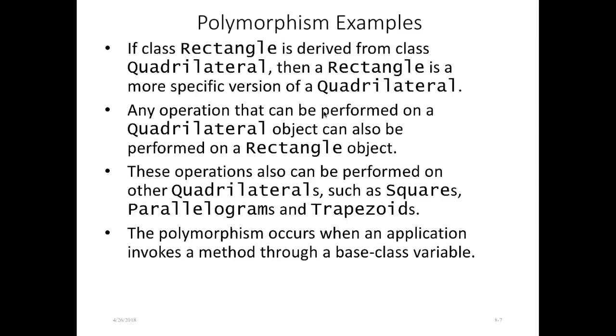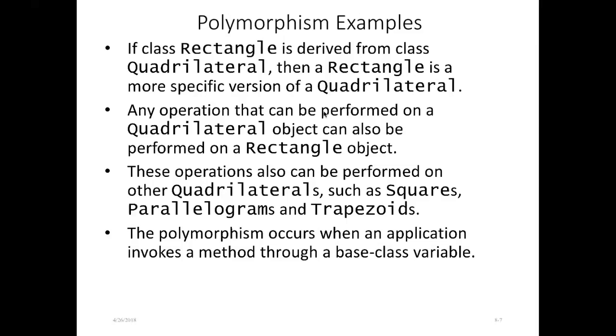So for instance, if the parent class has a method like find area, and it is common, then all of the child class objects will have the same method, but this method will have different implementations.